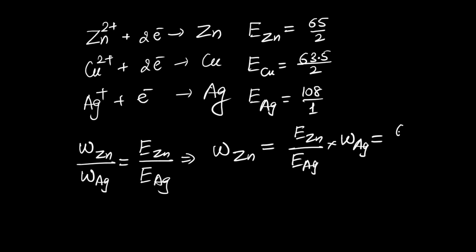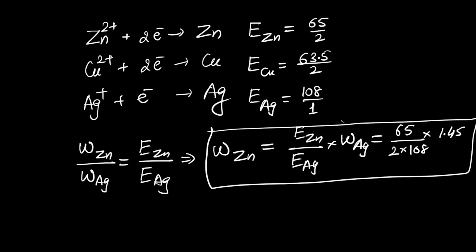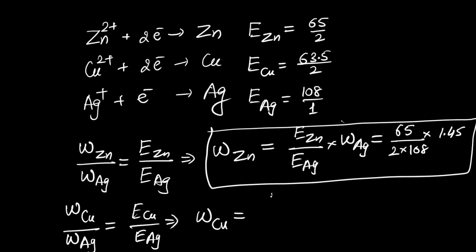So equivalent weight of zinc is 65/2, silver 108, and weight of silver deposited is 1.45. In this way you will get the weight of zinc deposited in grams. Same for copper: weight of silver, equivalent weight of copper, equivalent weight of silver.